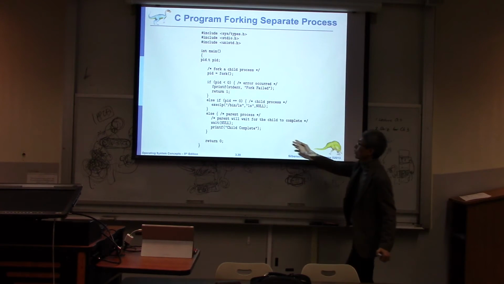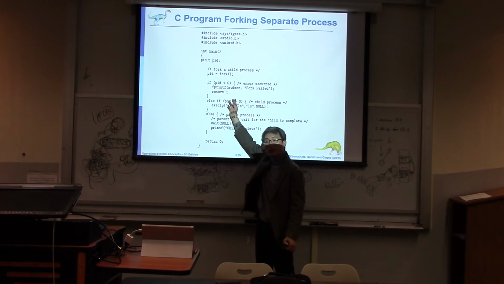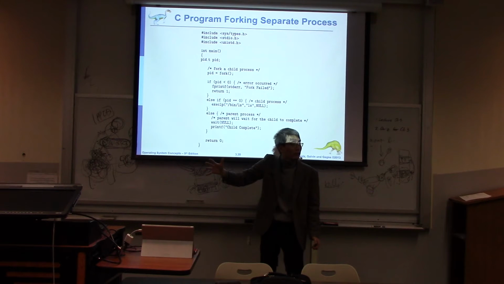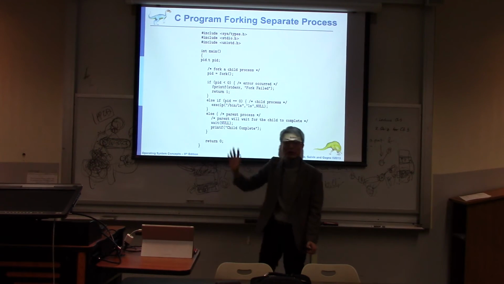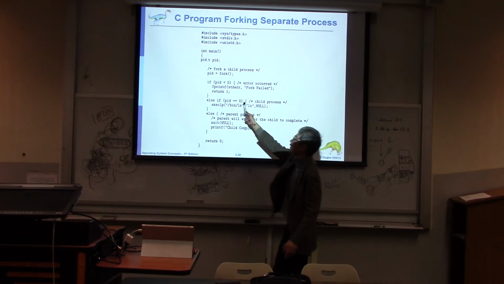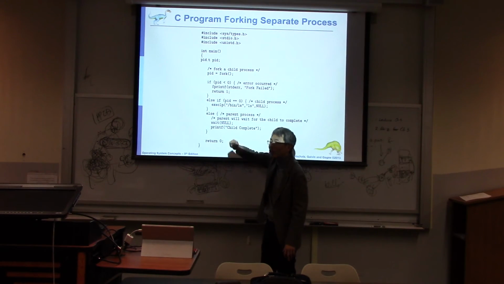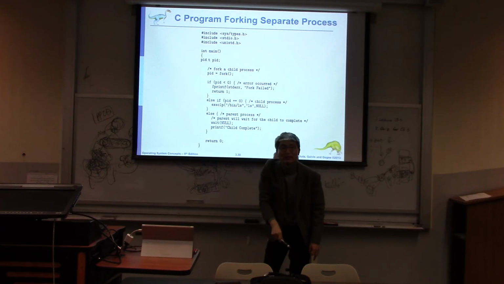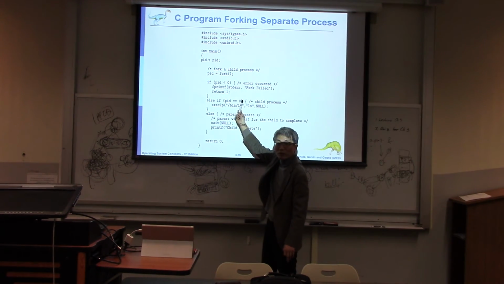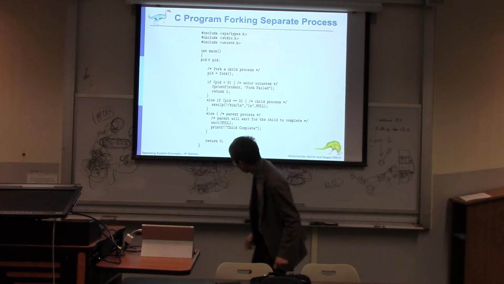The parent can wait until this one is done. ls is done. So you should be able to understand this code. First time it's still confusing. Why? The child does not have a child, right? So that is the reason it says 0, to check whether this is a child or not.